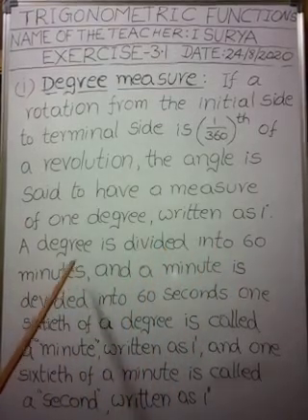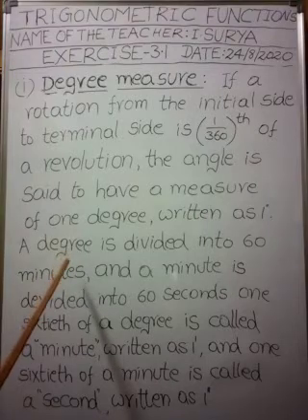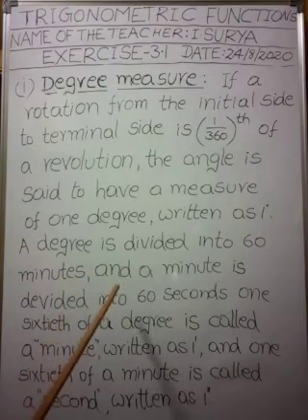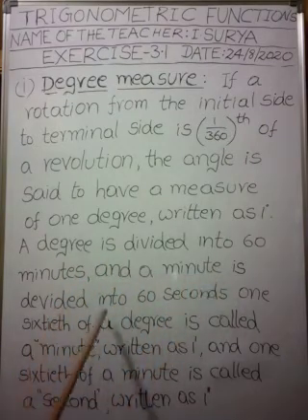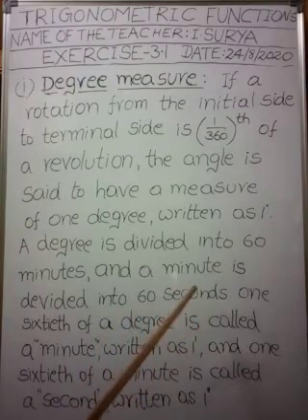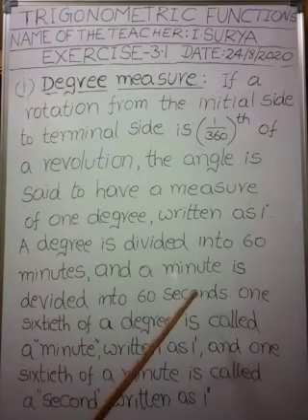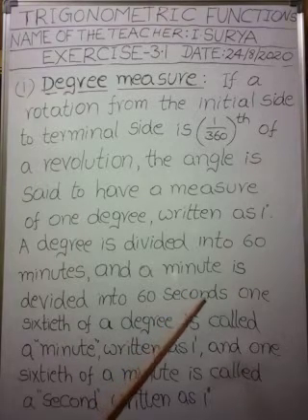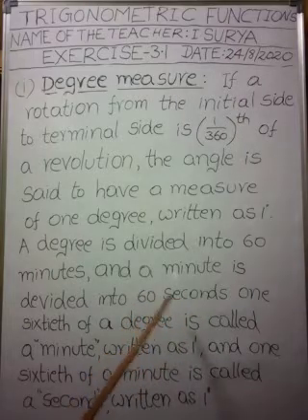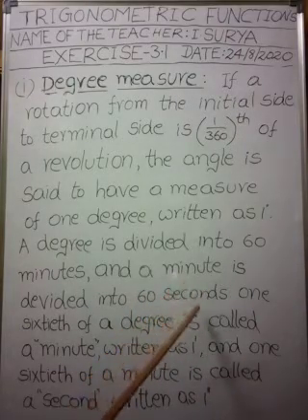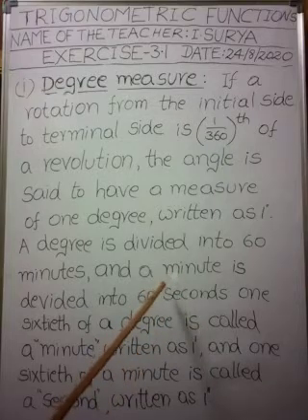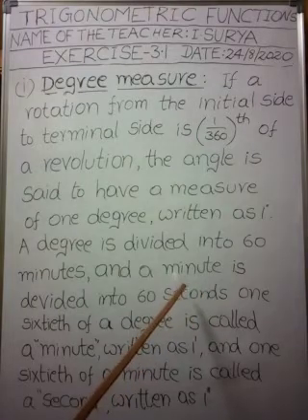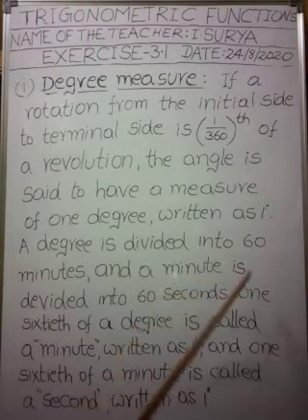So 1 degree is divided into 60 equal parts, and each part is said to be a minute, and a minute is further divided into 60 equal parts, and each part is said to be 1 second. These two words, minute and second, are not related to time here; they are related to the measurement of an angle. Remember this point, my dear children.